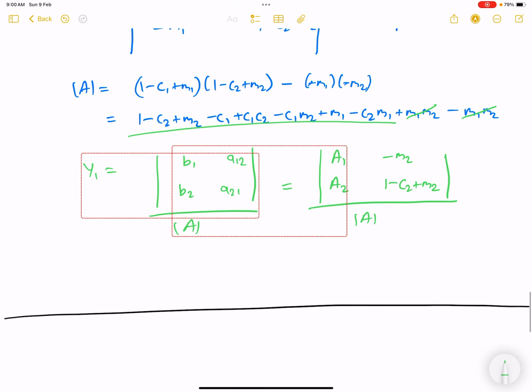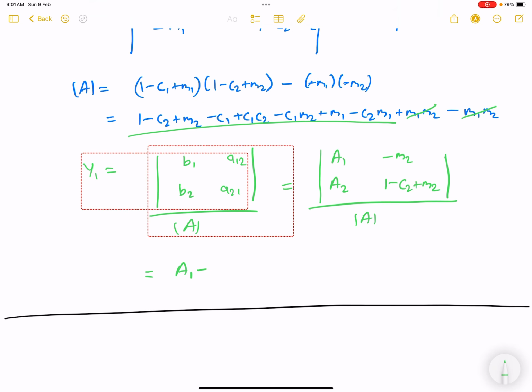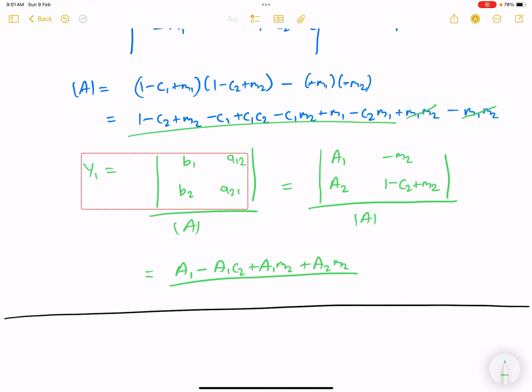If we solve this, this is coming out to be a1 minus a1 c2 plus a1 m2 minus of minus plus a2 m2 upon A determinant. So y1 is coming out to be this.